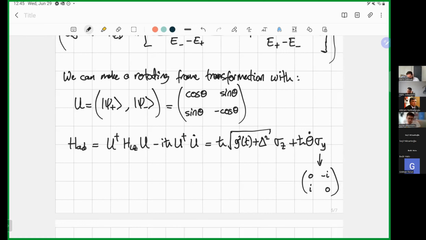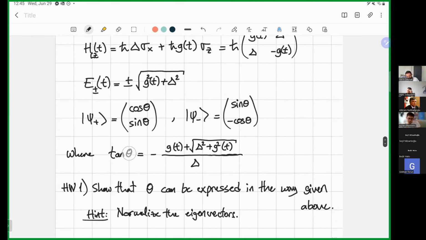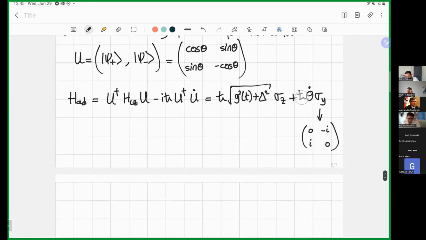So obviously this is causing the problem, and this term depends on the rate of change of theta. The only thing that depends on time in the definition of theta is g of t. If g of t is varying in a fast way, this term is more pronounced, and we are going to have non-adiabatic, diabatic excitation.